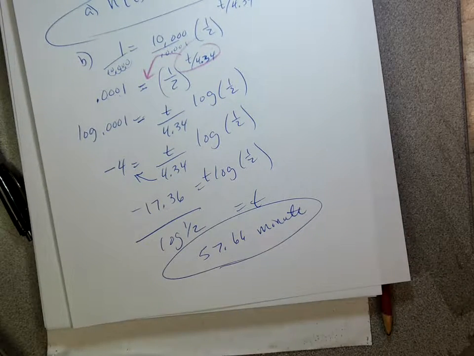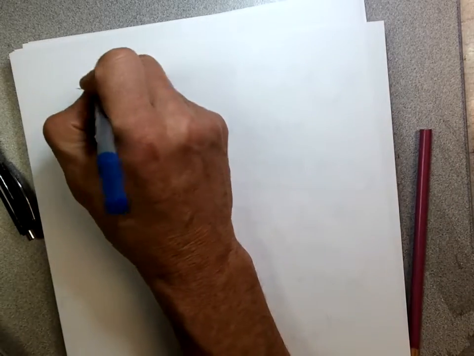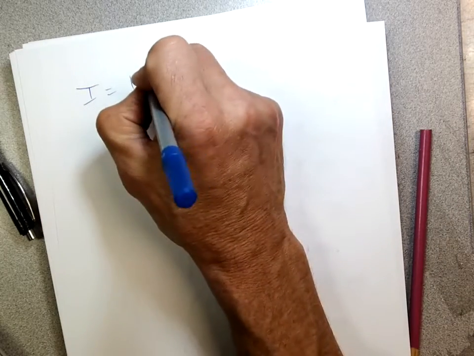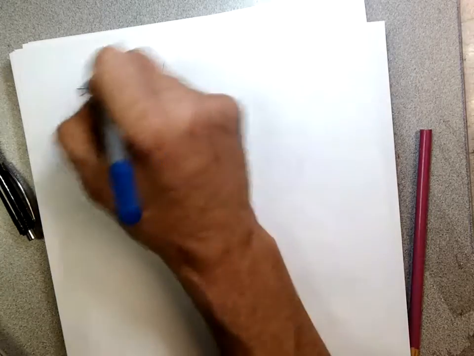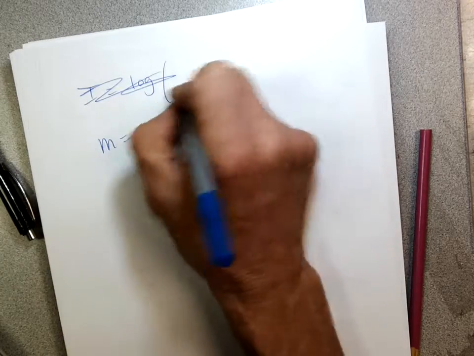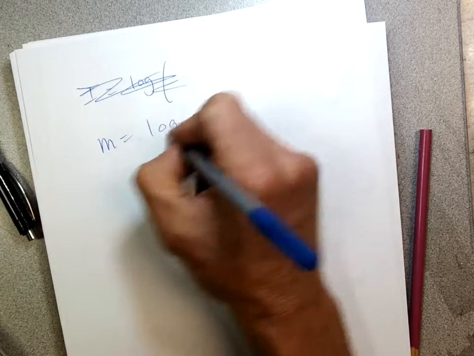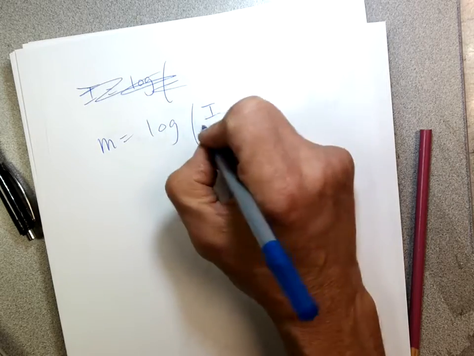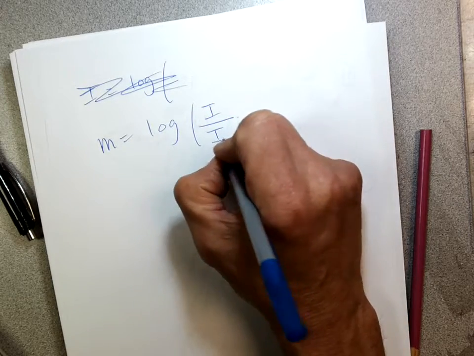Okay. Whew, last one. And this is an easy one. 18. All right. Intensity equals log of, no, sorry, my bad. Magnitude equals log of my intensity over my initial intensity.